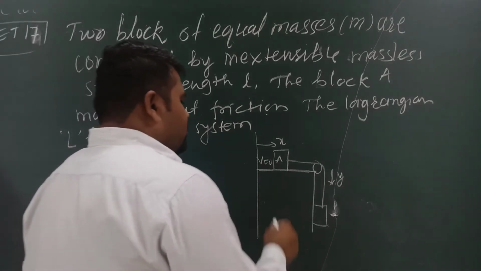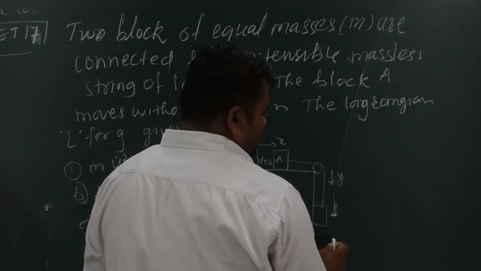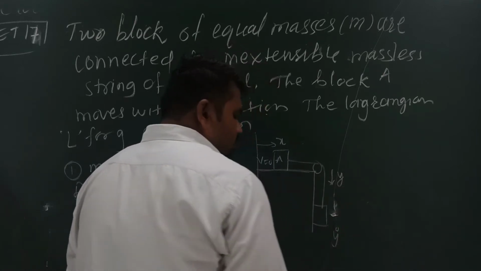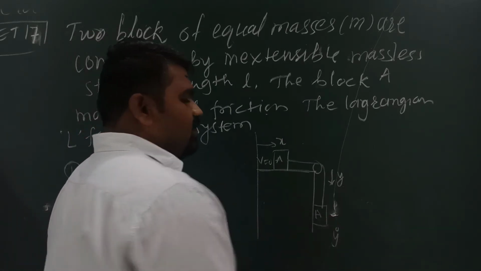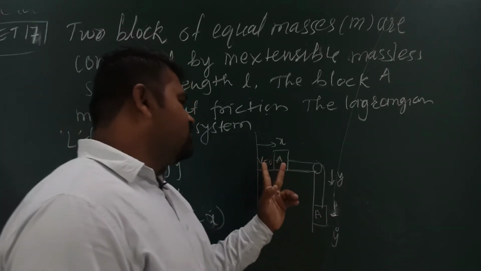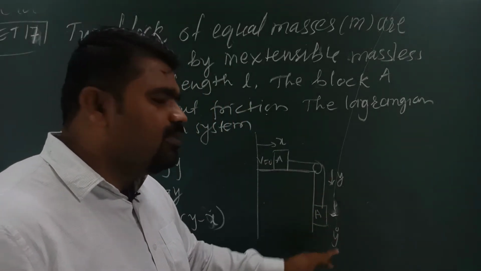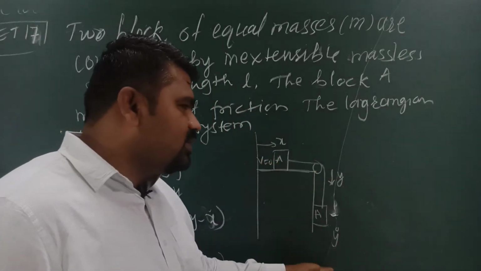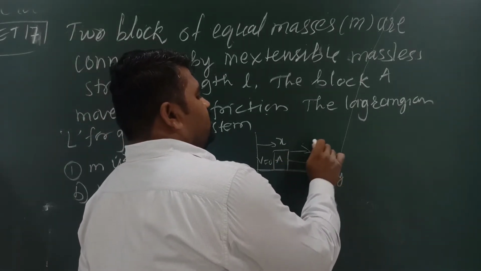Now this particle is moving in the direction; this is a y distance, so what is the velocity? Velocity in the y direction is y dot. Suppose this mass is also m, because both masses are the same. This displacement is y, then velocity is y dot. Whatever velocity y dot, the same velocity acts on this particle also.